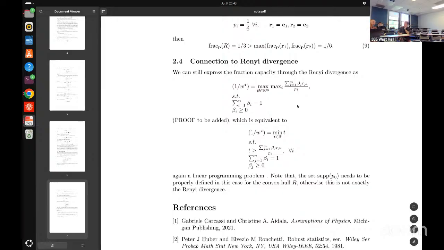So is there a way to characterize the point that is the closest? You mean the solution, the one that gives the solution? Well, that's the one that minimizes the Rényi divergence.